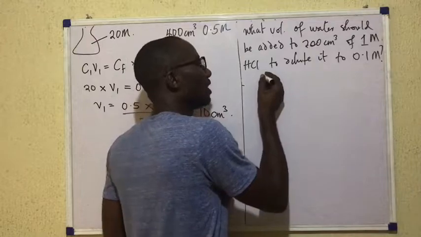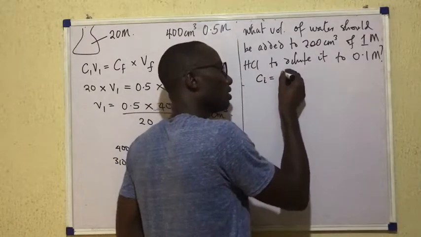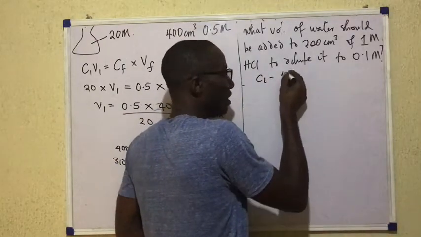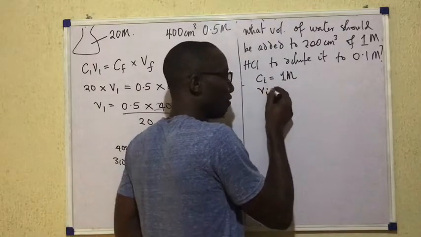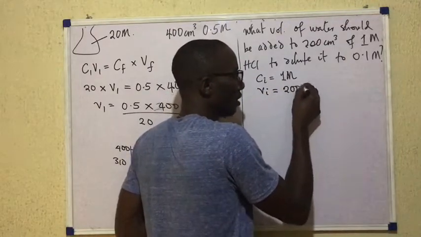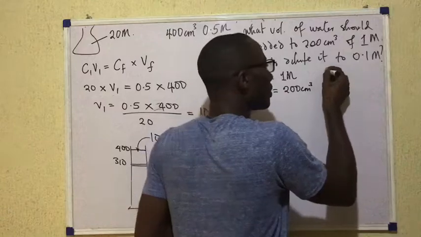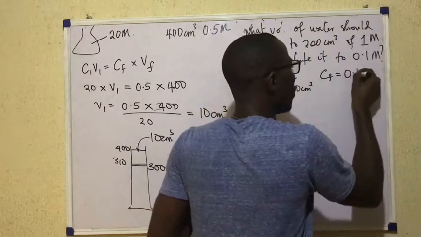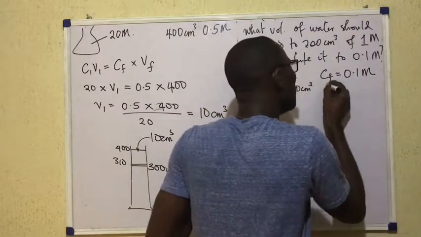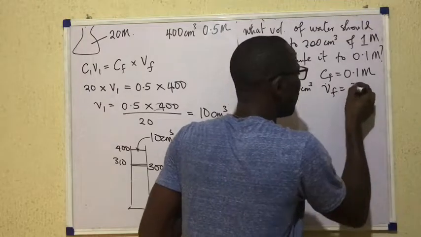It means therefore that the initial concentration is the 1, while the initial volume VI is 200. So the new concentration we wish to achieve is 0.1 molar. So what will be the new volume, the final volume?